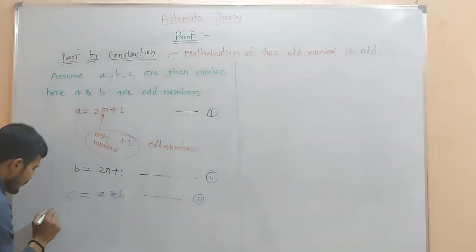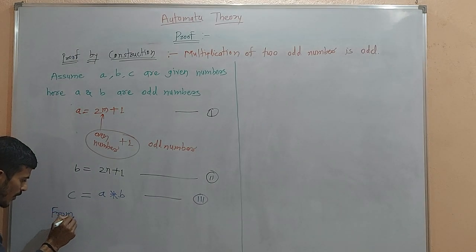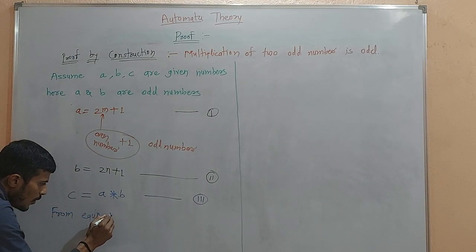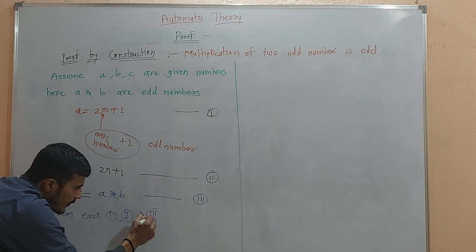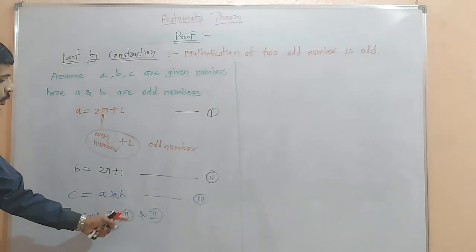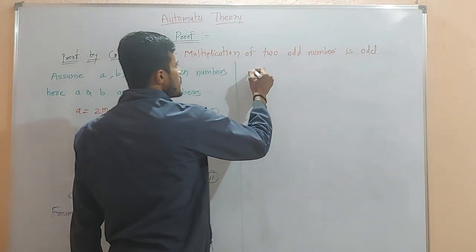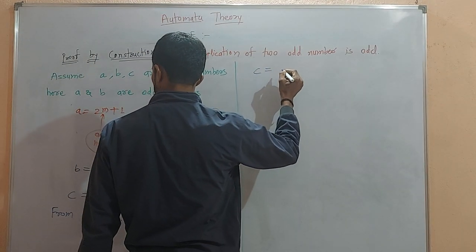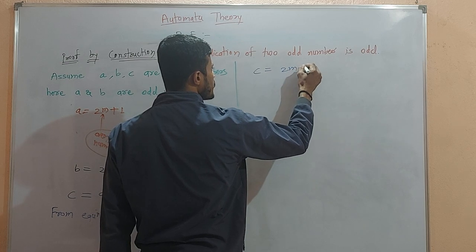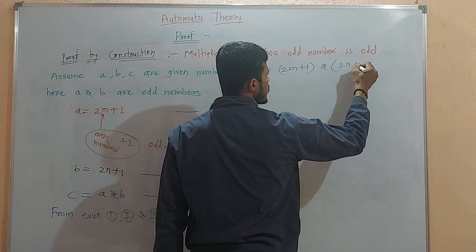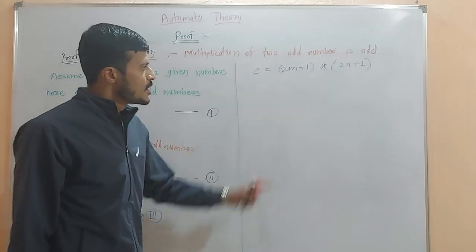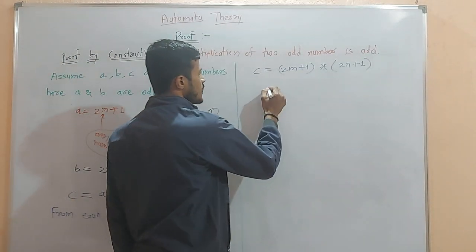So from equations 1, 2 and 3, I will write C equals (2m plus 1) into (2n plus 1). Okay, so I will take the multiplication of this.